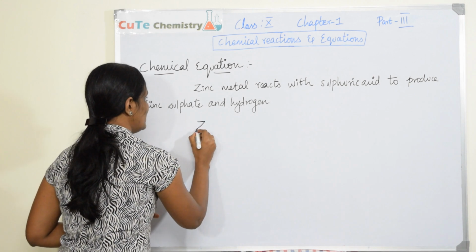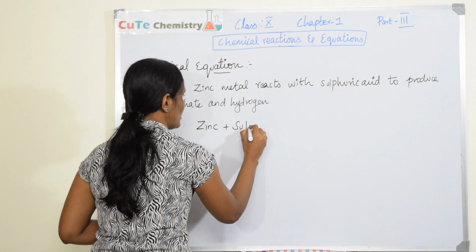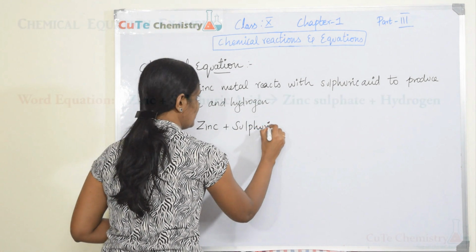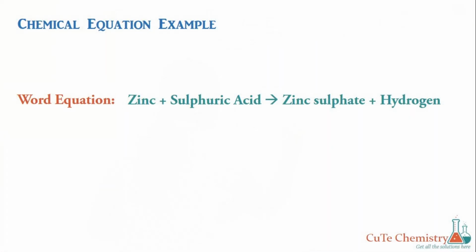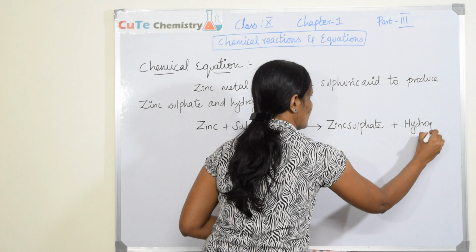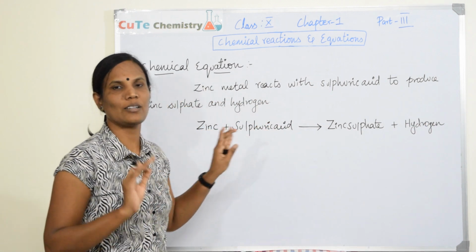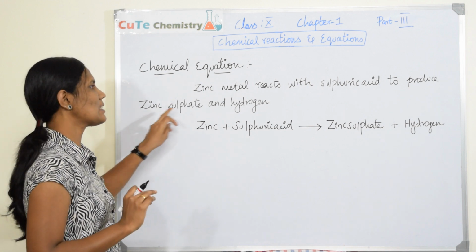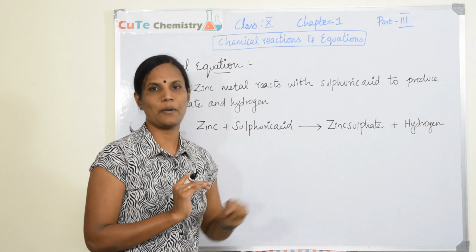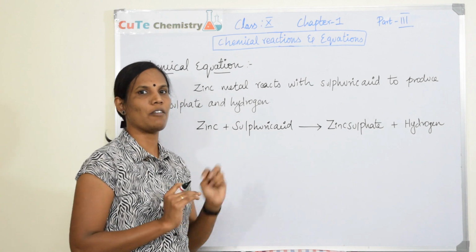So it will be zinc reacts with sulfuric acid to give zinc sulfate and hydrogen gas. So in this, zinc and sulfuric acid are the reactants, and zinc sulfate and hydrogen are the products. So now we have represented this chemical equation in the form of words.